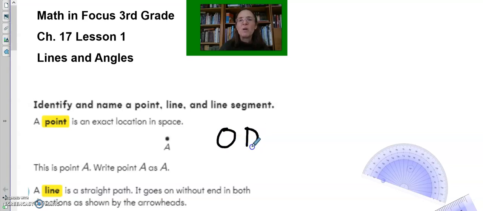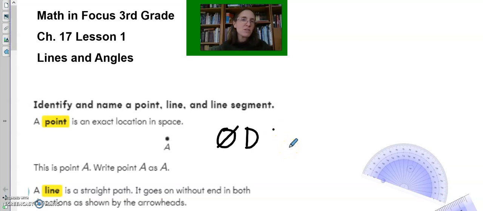It's 0D, which when I write it there, it looks a bit odd, and that is. But with a point, it's literally meant to be just that one exact electron in space. Mathematicians imagine them as having no width, no height, and no depth at all. They're just a location. So that's a point.